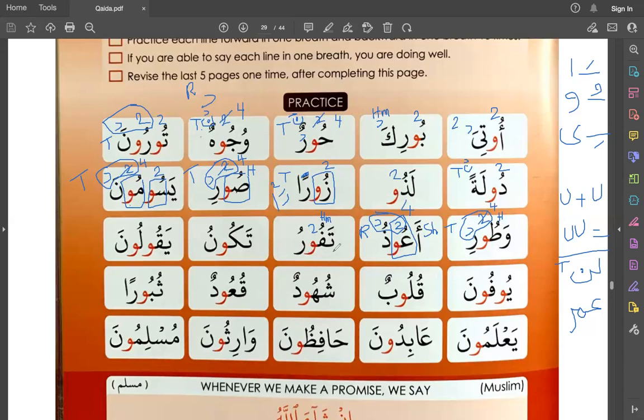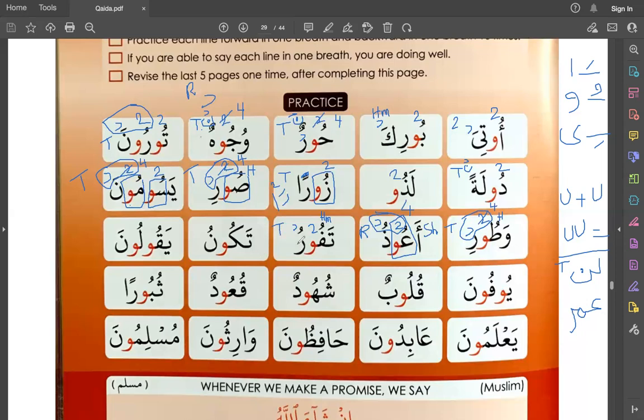Okay. Ta, fu, ru. Now, how will you stop? How will you give waqf at the end? You will give sukoon at the end. So ra with sukoon will get the sifa of tawassut first of all, because this is part of lin umar, and ra is one of them, right? Look, this is sitting here.